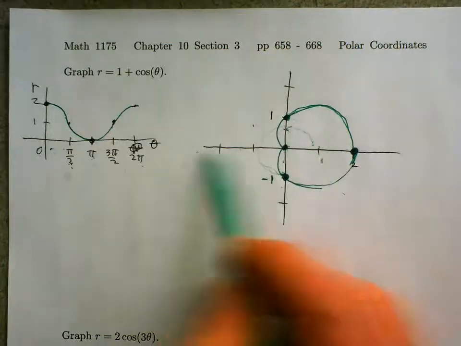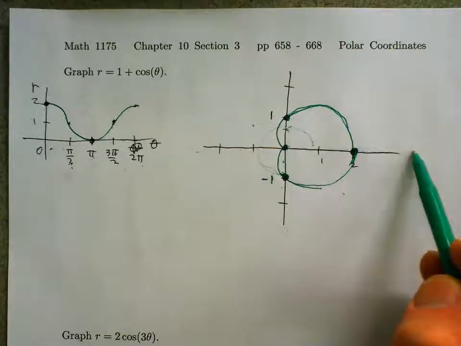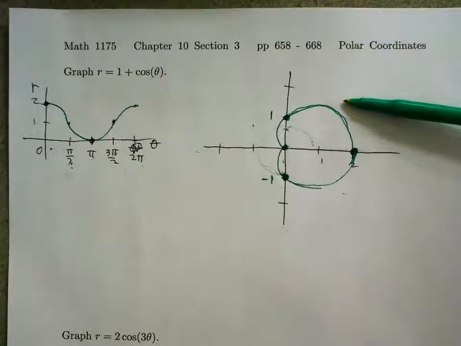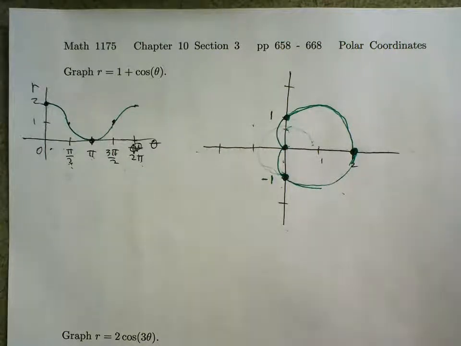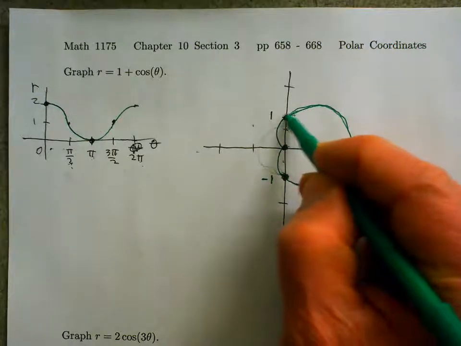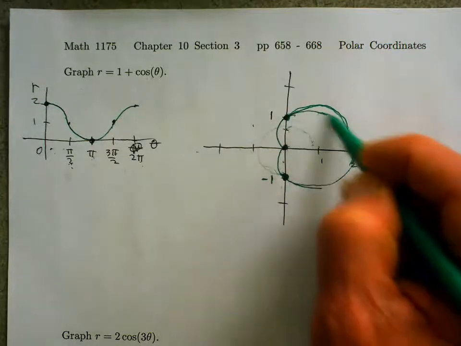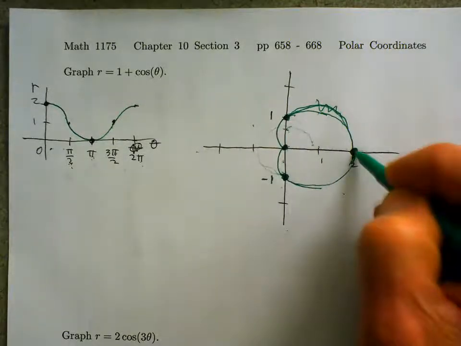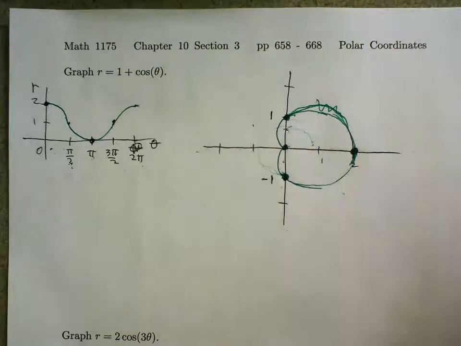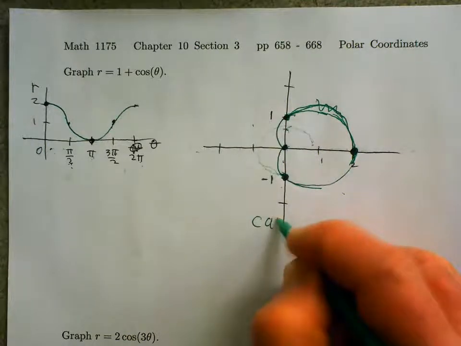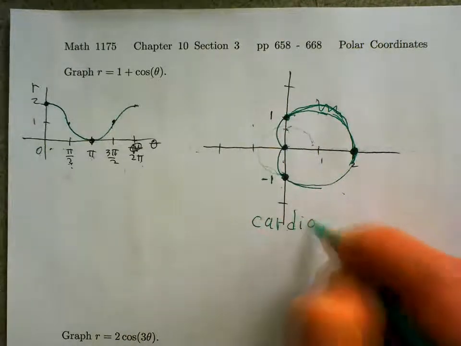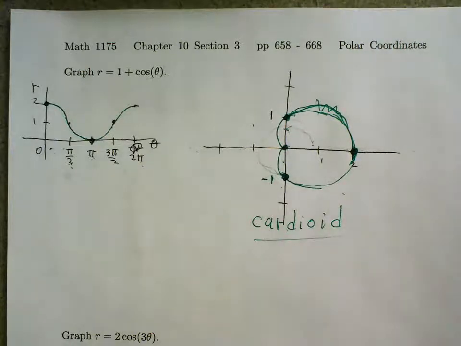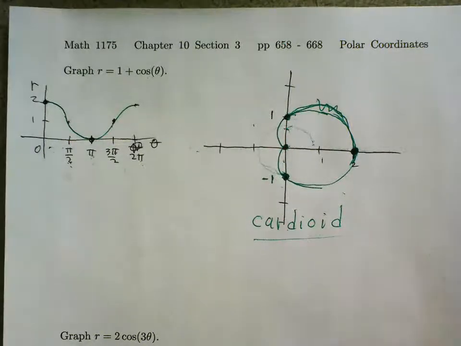But the x-axis is like a mirror. So the top half of the graph should be a mirror reflection of the bottom half. So I might revise this a little. Something like this. This particular graph is referred to as a cardioid, because it sort of resembles a heart.